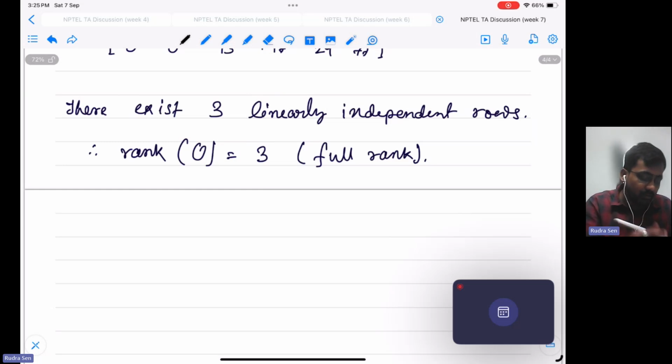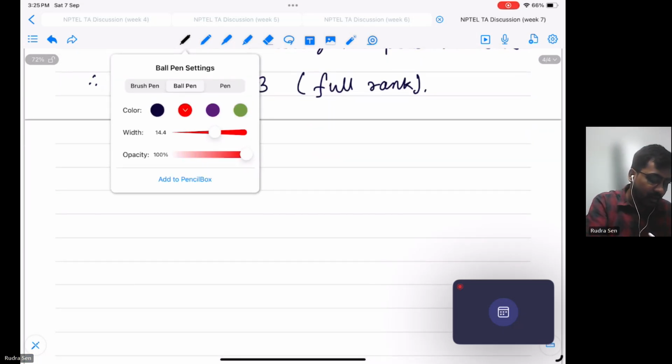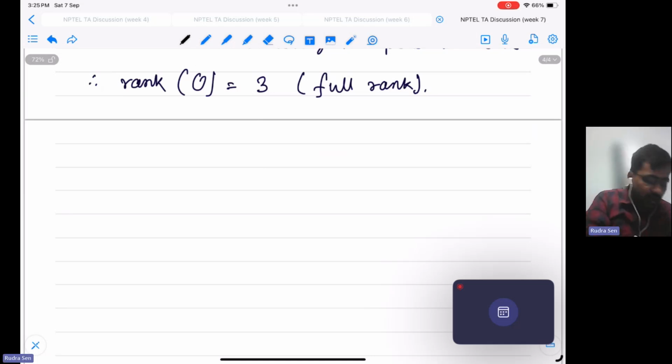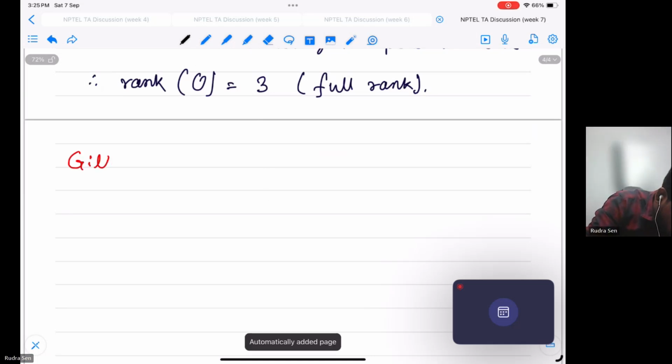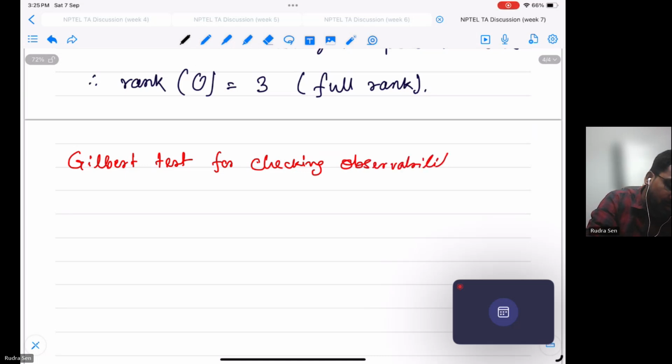So now move to the next thing, which is the Gilbert test for checking observability.